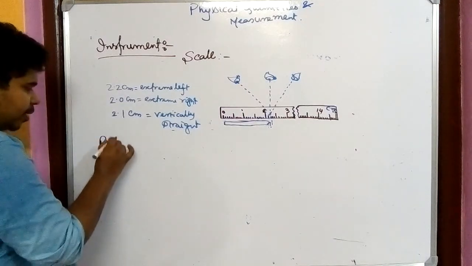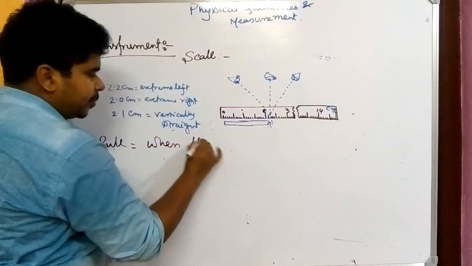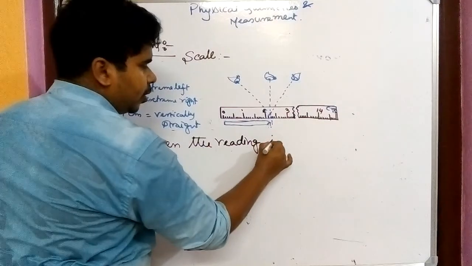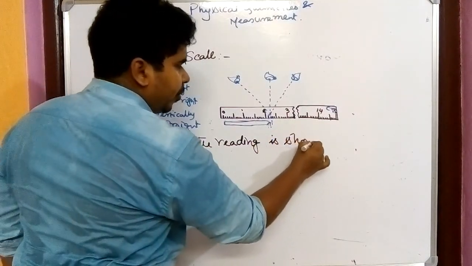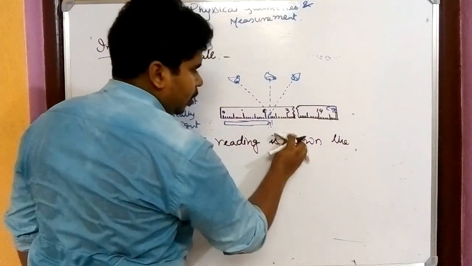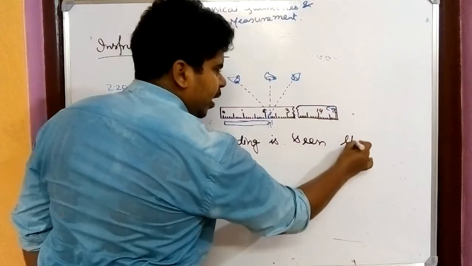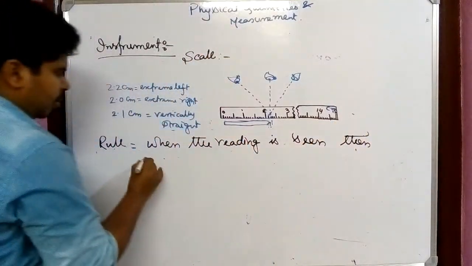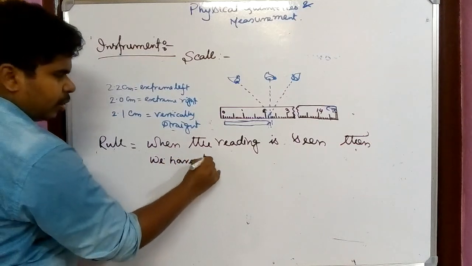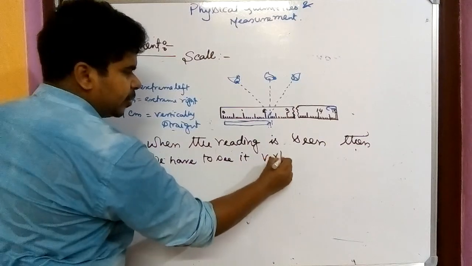The rule is, when the reading is seen, then we have to see vertically.